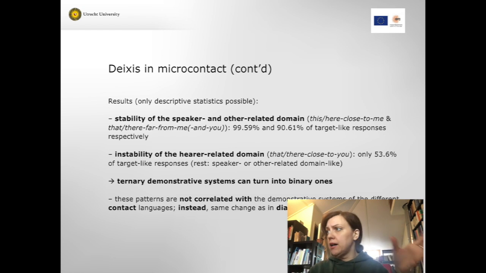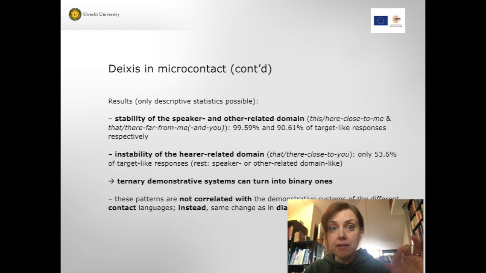With speaker and other, so this, that, basically the English way, absolutely no change. When you had the hearer-related domain, so this or that close to the speaker, there we see some change happening, 53.6 percent target-like responses only, but that's exactly what happens also in diachrony.